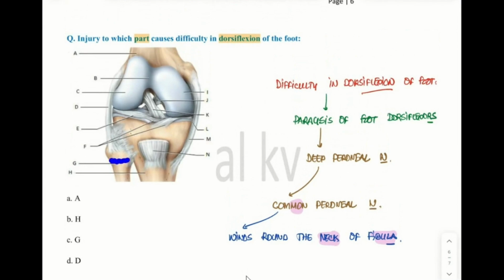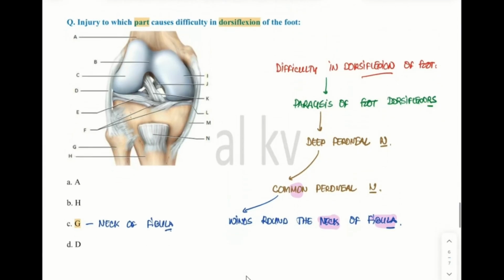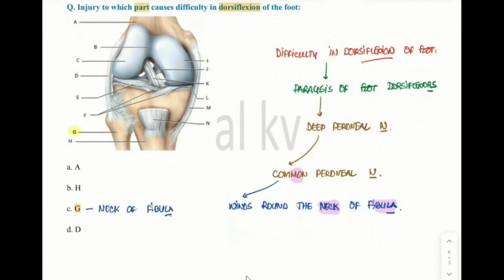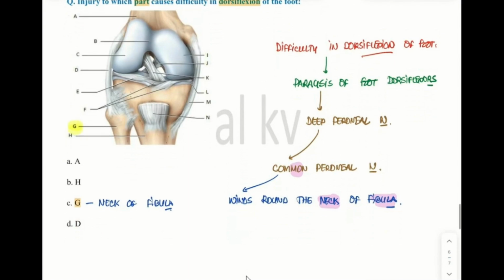So very easy to identify. So our label G is the answer here, because this is the neck of the fibula. So if you know the relevant anatomy, it is very easy to answer. So we can skip the other labels from this image. Better focus on the answer only, that is option G, the neck of the fibula, right? So this is how you need to reach the answer.